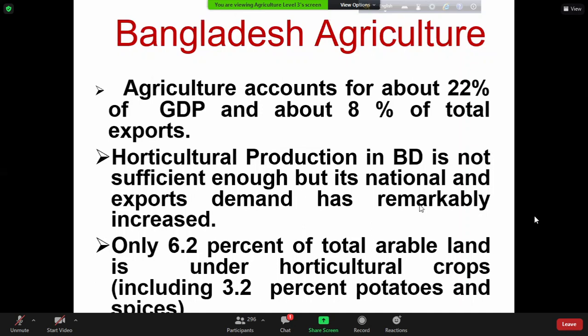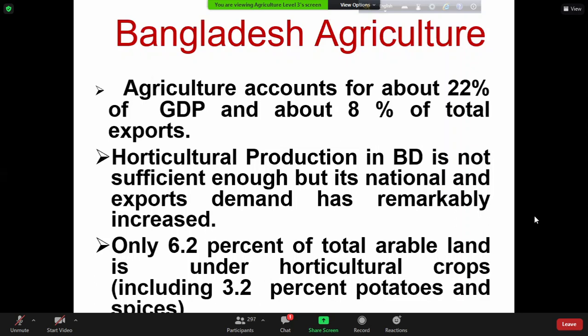And nowadays we are exporting fruits and vegetables to a number of countries, mainly in the Middle East and the European countries where Bangladeshi people are residing. Bangladeshi students, immigrants, and workers are residing mainly in those countries.